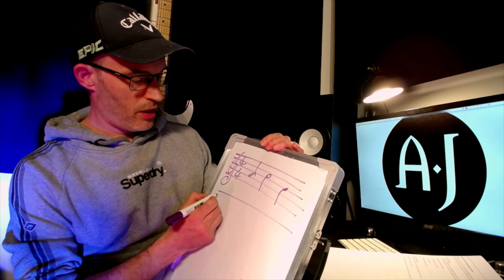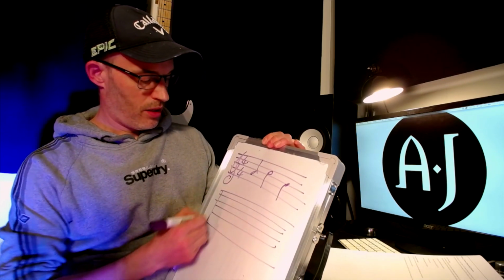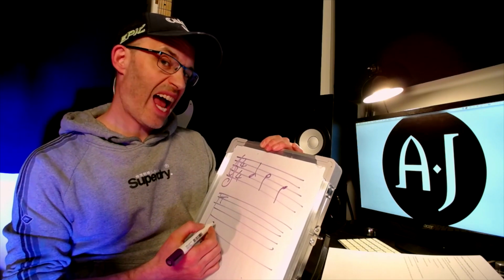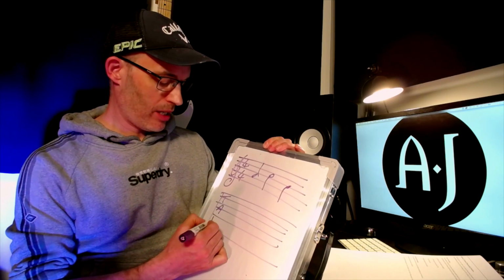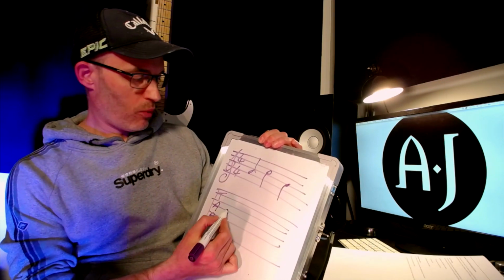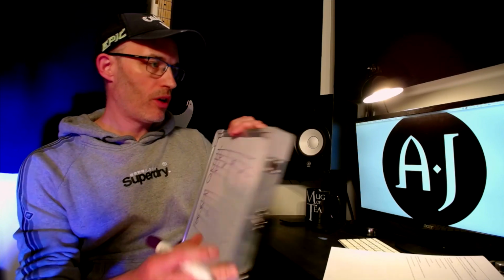Underneath that one is the tab stave, and it should be pretty obvious because it has the word tab, T-A-B, short for tablature, written down the side. That will just have different numbers on it, so you might have a 2 or a 1 or a no. That's completely wrong.